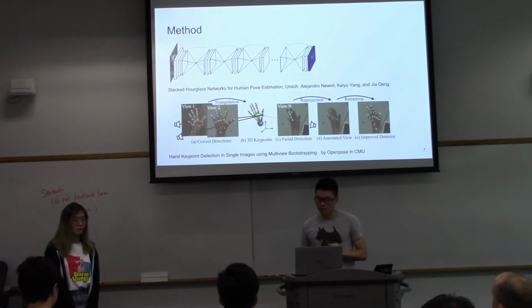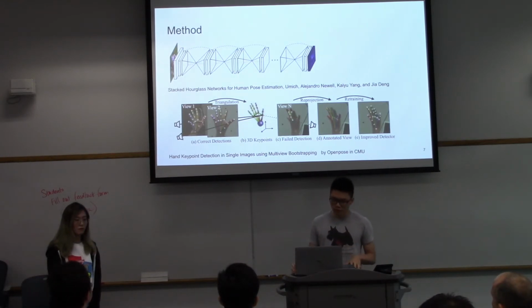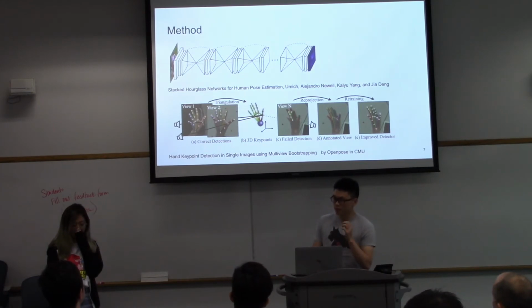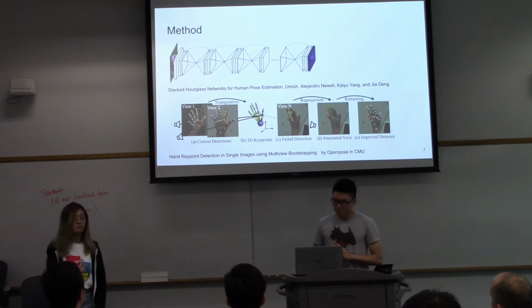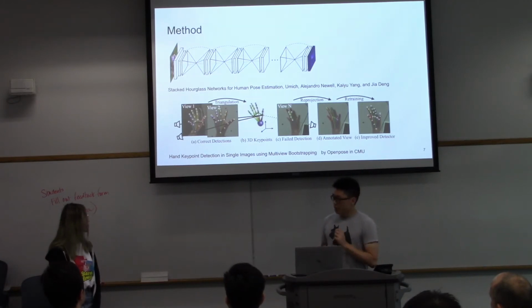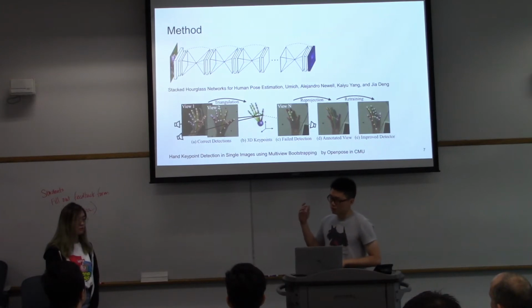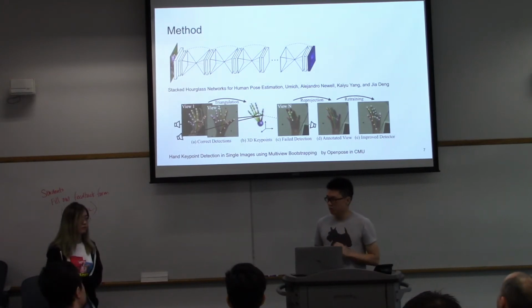Since our data is multi-view sequential data, during testing, we first obtain the keypoints in each view, and we use triangulation and RANSAC, as in the second paper, to obtain a 3D keypoint structure.